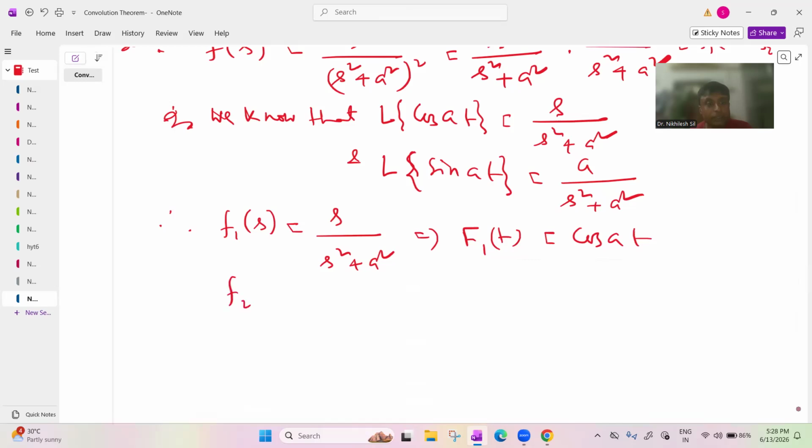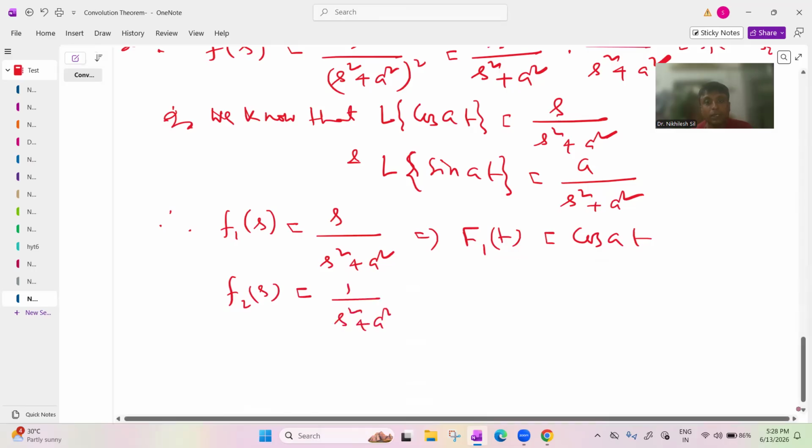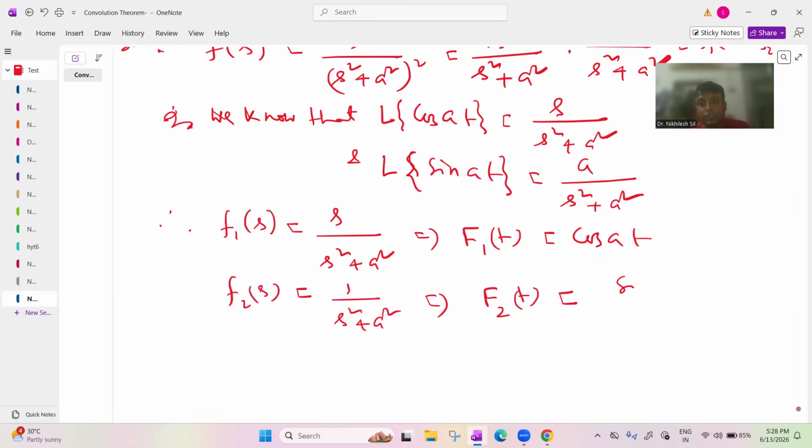And F2(s) is equal to 1 by s square plus a square, which implies f2(t) is equal to sin at by a.